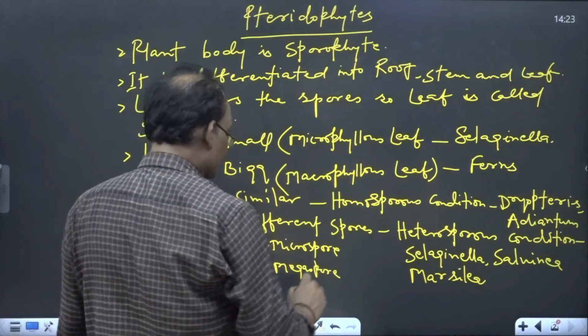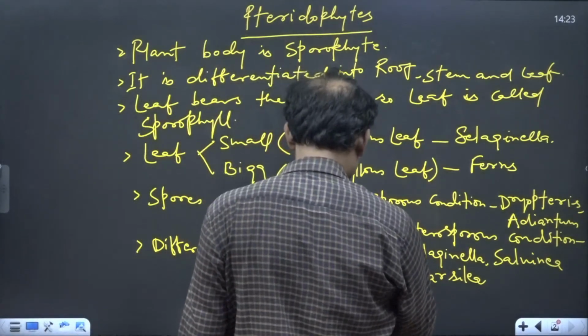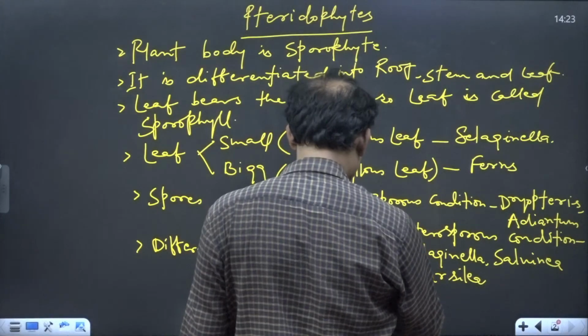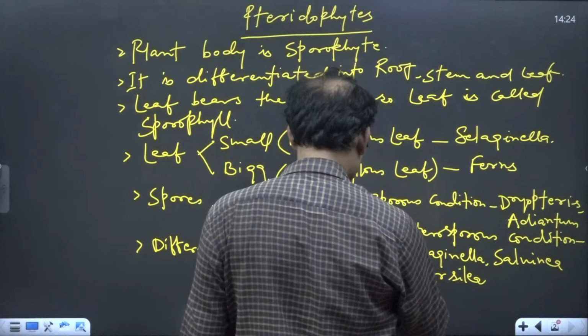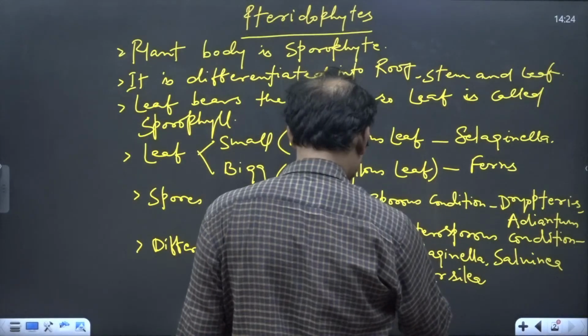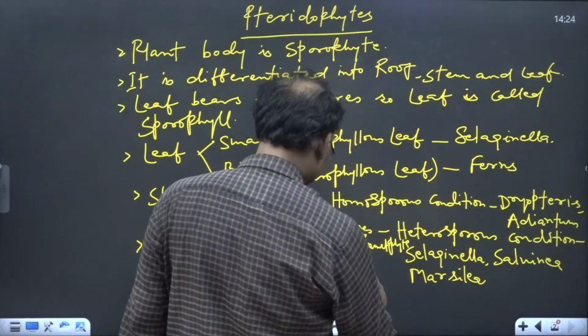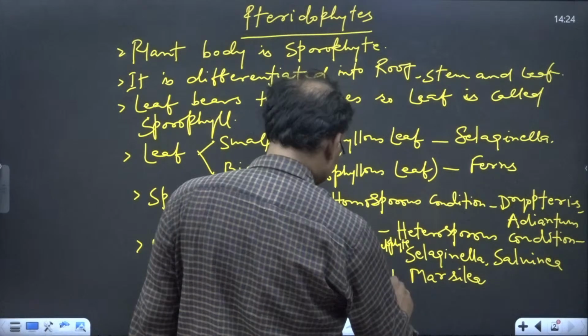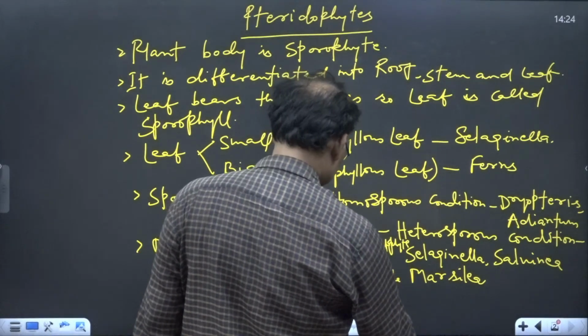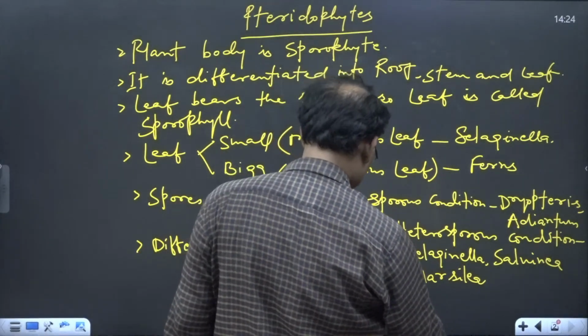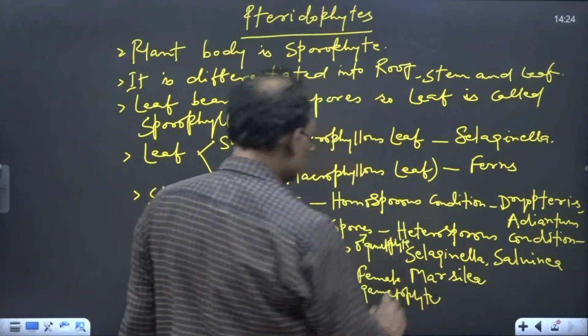Microspore forms the male gametophyte, and megaspore forms the female gametophyte, right?